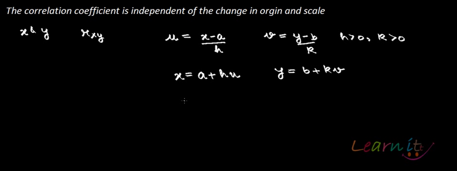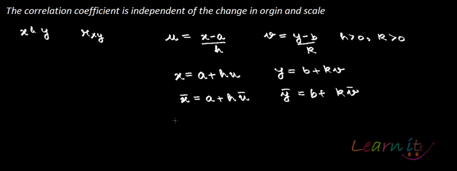Is that right? So you can write x bar equals a plus h u bar and y bar equals b plus k v bar. See, you will be putting this bar only on the variables, not on the constants. b, k, h, a are all constants.